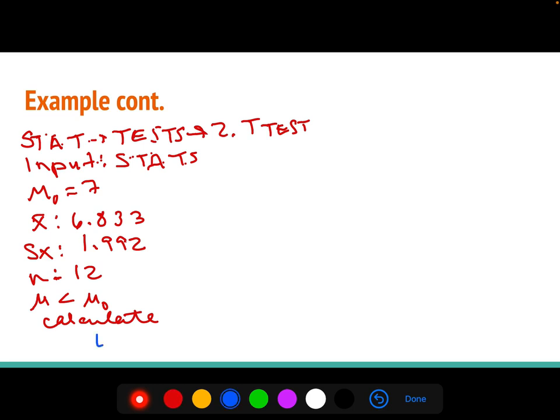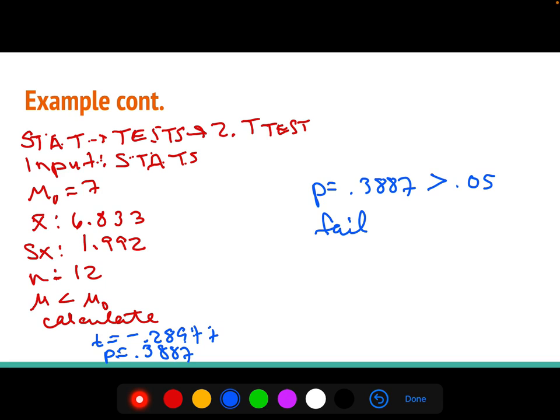And what this should tell you is that your T was negative 0.28977 and so forth, and that your P is 0.3886, that kind of thing. So what we care about is your P, 0.3887. Is that greater than 0.05?